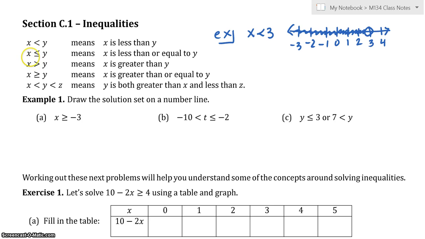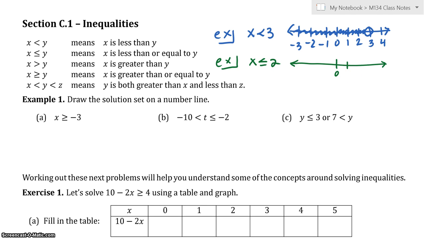The next one, with a line underneath, it's right here on the right, it means x is less than or equal to y. That's what the second line means. Let's do an example. What about x is less than or equal to 2? So what does that mean? All the values that are less than 2, like the 1 and the 0 and all the fractions in between, and also 2.